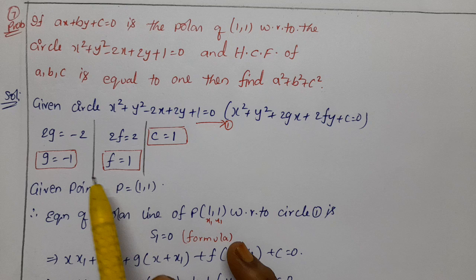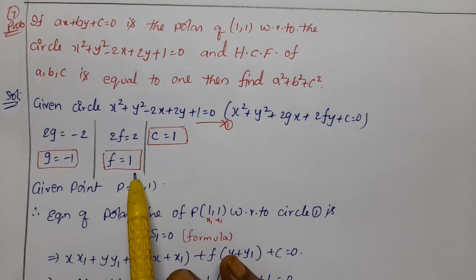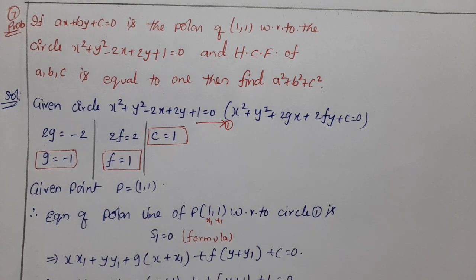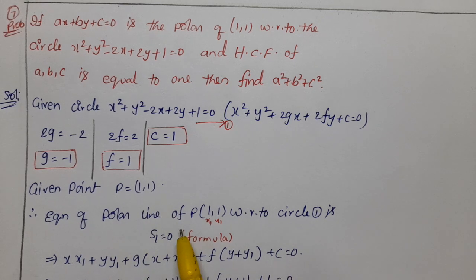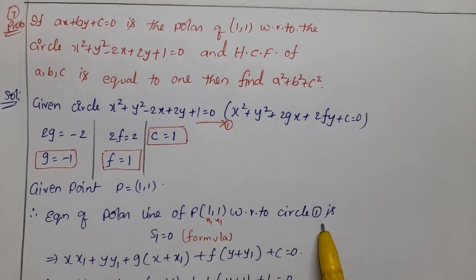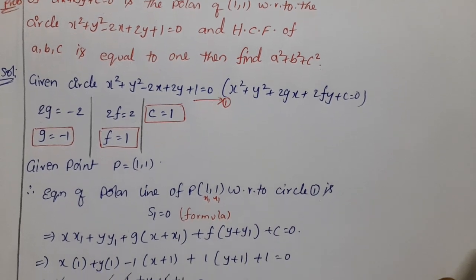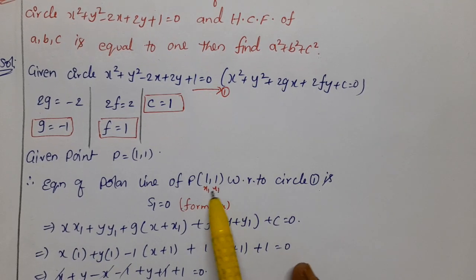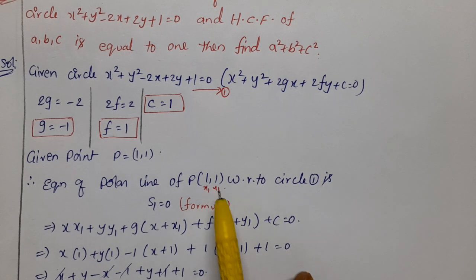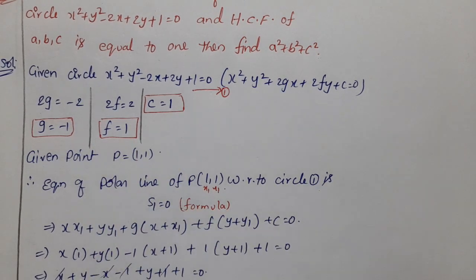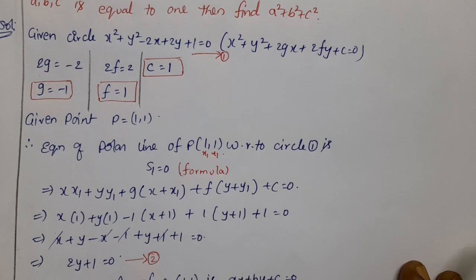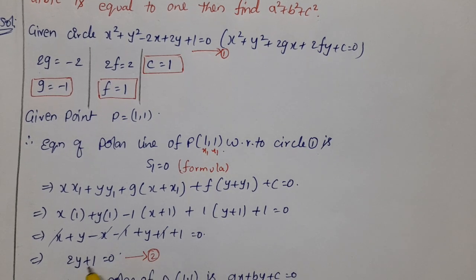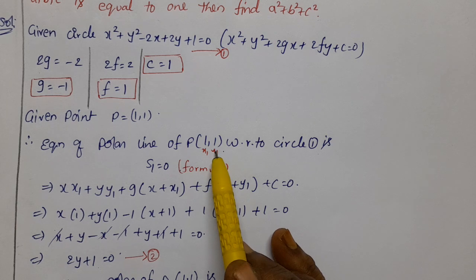From the given circle g = −1, f = 1, constant c = 1. Given point P(1, 1). The equation of the polar line of P with respect to the circle is S1 = 0. In this notation (x1, y1) is the given point, and g, f, c are from the given circle. On substitution we get 2y + 1 = 0 as the polar of P(1, 1).